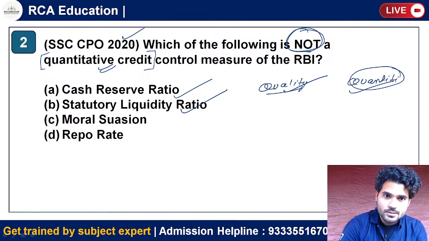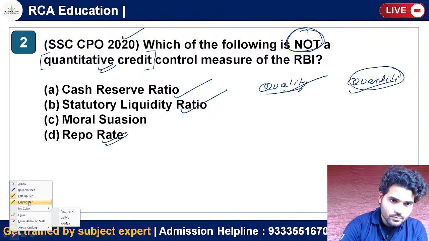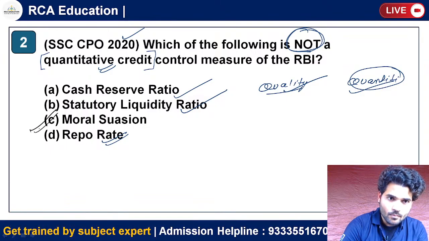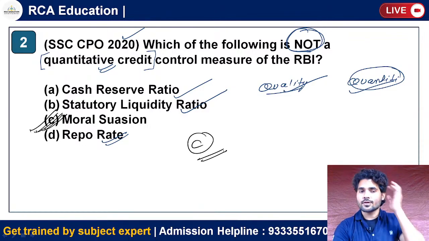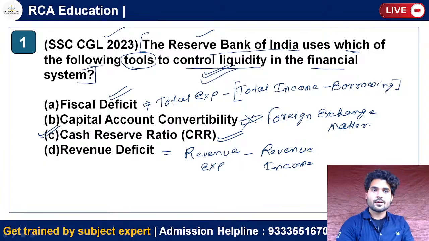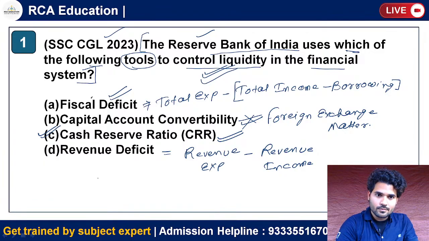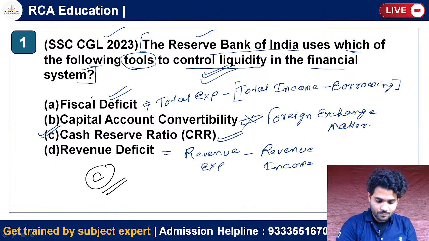Repo rate is also a tool, but moral suasion is not a quantitative tool. So the right answer is moral suasion. Okay, so the answer is C.